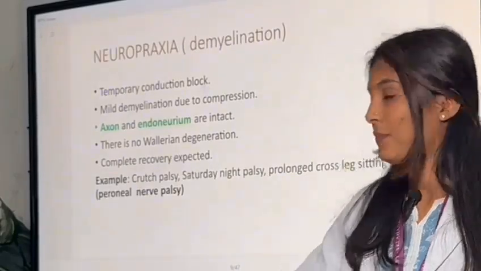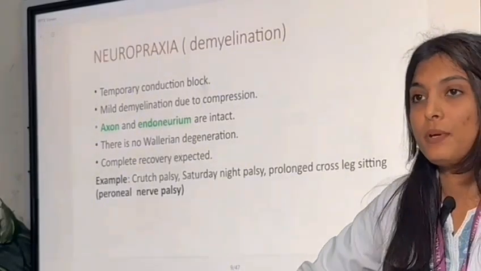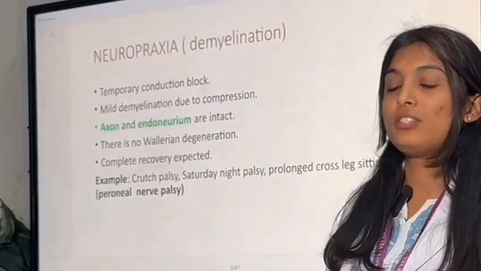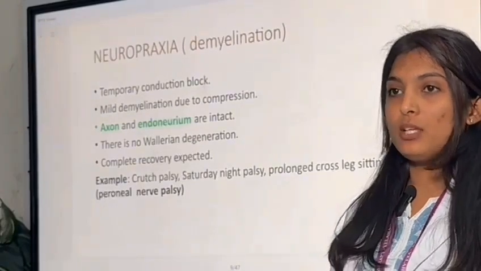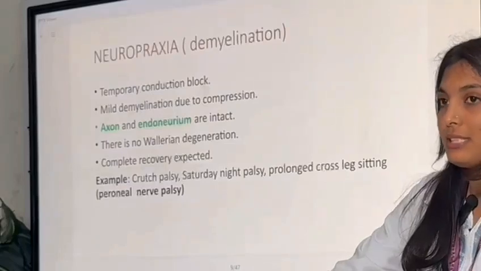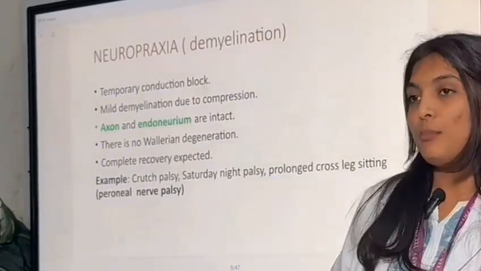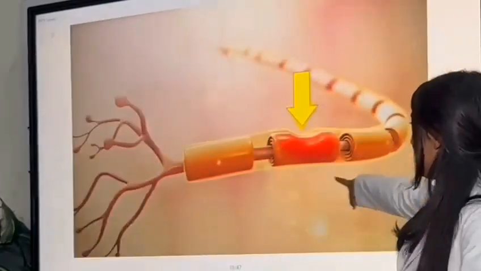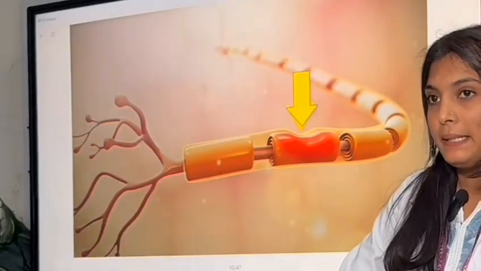Saturday night palsy: if a person falls asleep with the hand in an abducted position for a prolonged period on a chair or bed, it can cause damage to the radial nerve and also lead to wrist drop. Prolonged cross leg sitting can cause damage to the peroneal nerve. Complete recovery is expected here because there is only compression. The axon and endoneurium are intact.